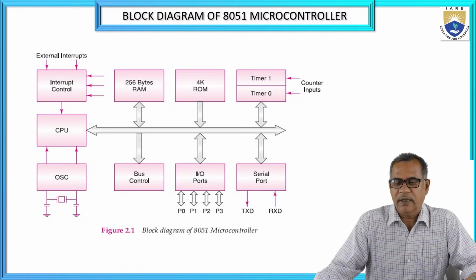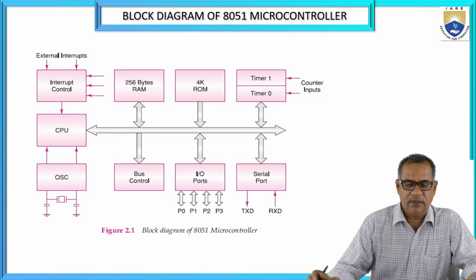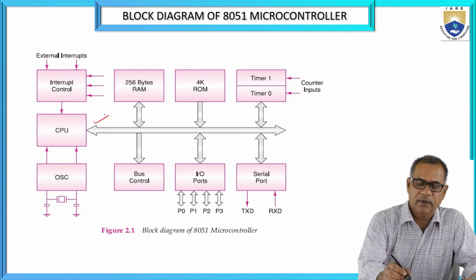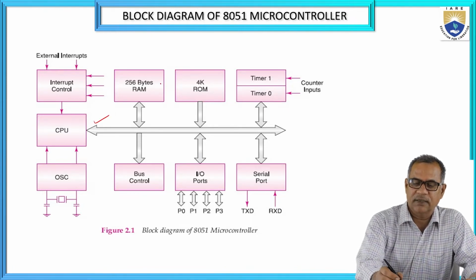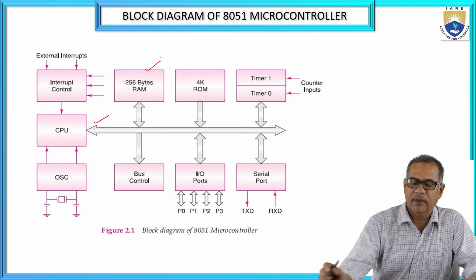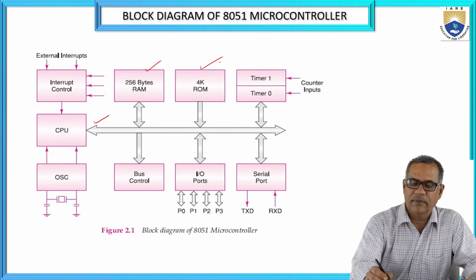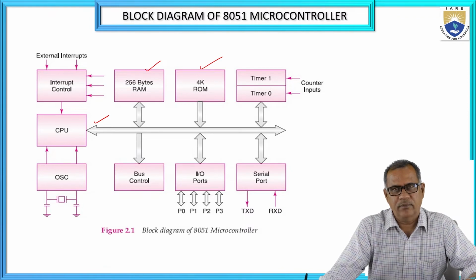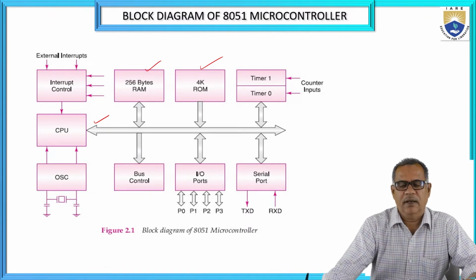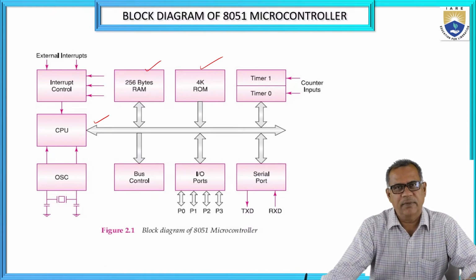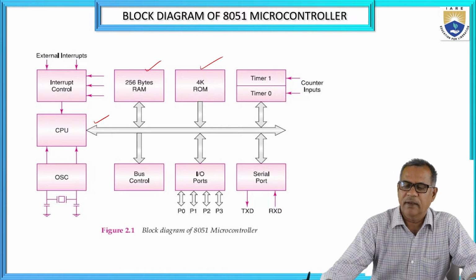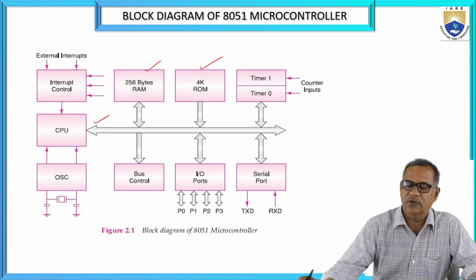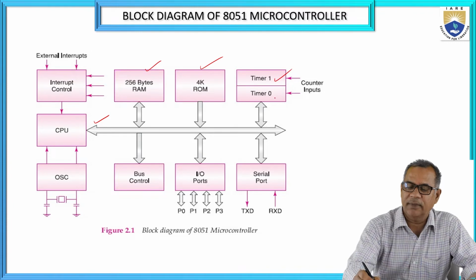This is a block diagram of the 8051 microcontroller. It has a CPU, 256 bytes of RAM and 4 kilobytes of ROM. The ROM can be used for program purposes, and the RAM can be used to store data. As I mentioned just now, there are 2 timers, timer 1 and timer 0.